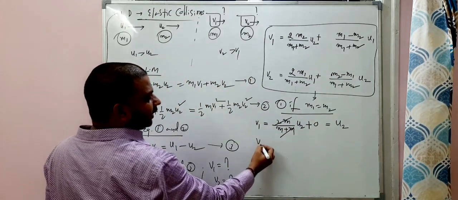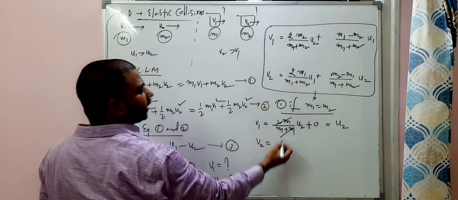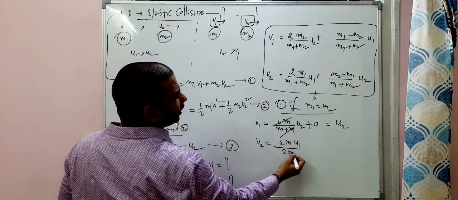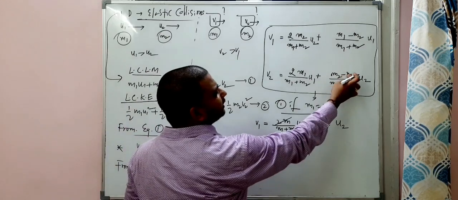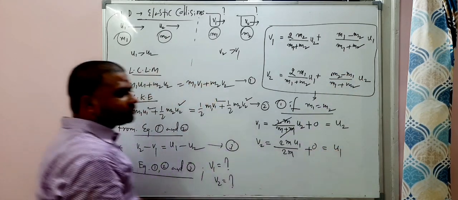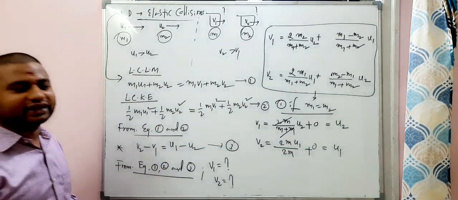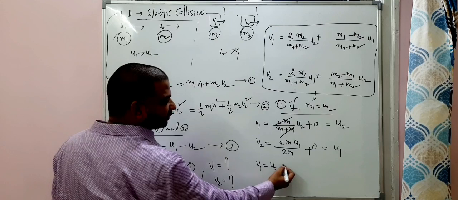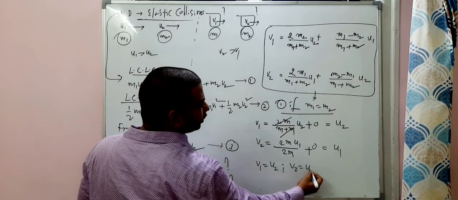And in the same way v2 is equal to 2m u1 by 2m plus m minus m, that's 0, and that is u1. See how interesting this expression is. v1 is equal to u2 and v2 is equal to u1.